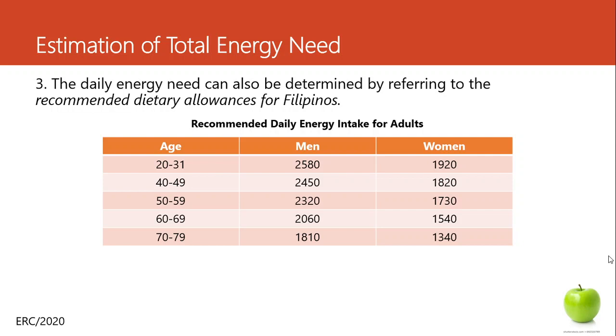And for the 50 to 59 years old, we have 2,320 kilocal, and for the female counterpart, we have 1,730. For 60 to 69, we have 2,060 for the male and 1,540 for the female. Then for 70 to 79, we have 1,810, and for the women naman is 1,340.